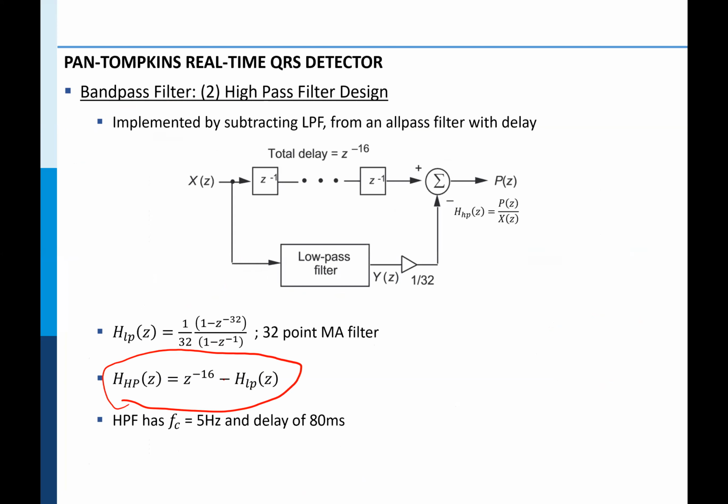So what it is basically doing is subtracting from an all-pass filter, a filter that passes all frequencies. The all-pass filter is subtracted with a low-pass filter, which is HLP. Then you get the high-pass equivalent. Okay, so that's a trick they have done in designing the high-pass equivalent of it.